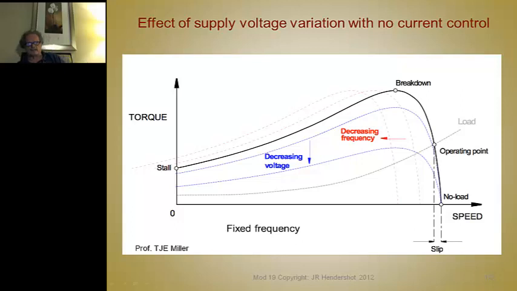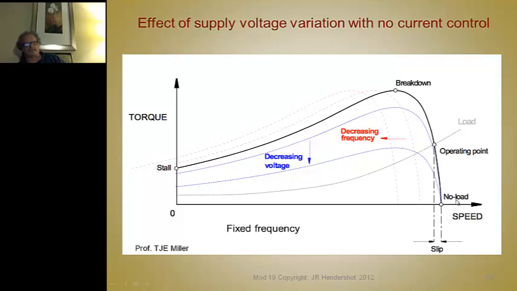This black curve is the fundamental torque versus speed curve with some fixed voltage and frequency. So we're going to look at changes in frequency and voltage relative to that one. If we decrease the frequency, then all these curves are kind of congruent. They're the same shape and proportion, but the speed at which they start just decreases.